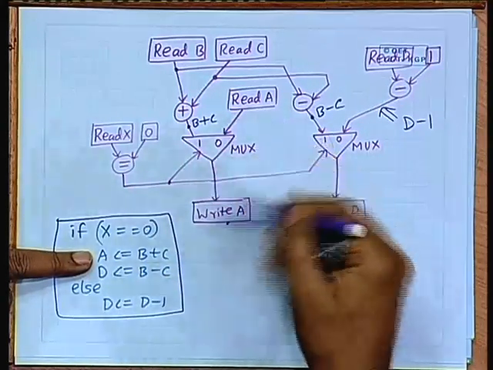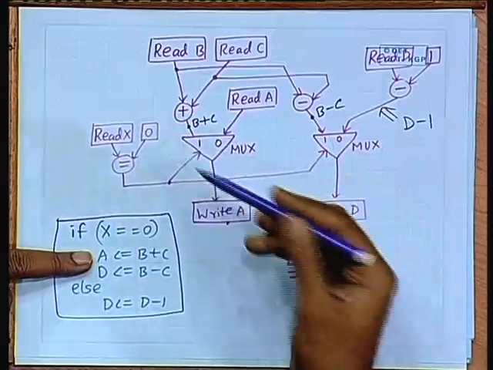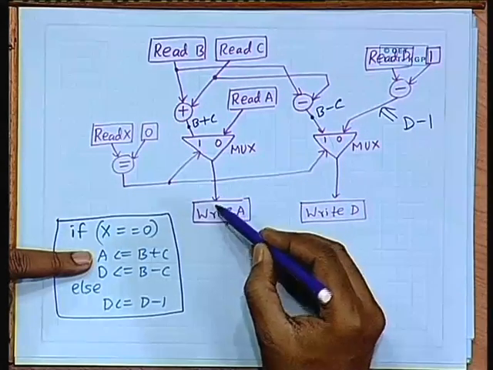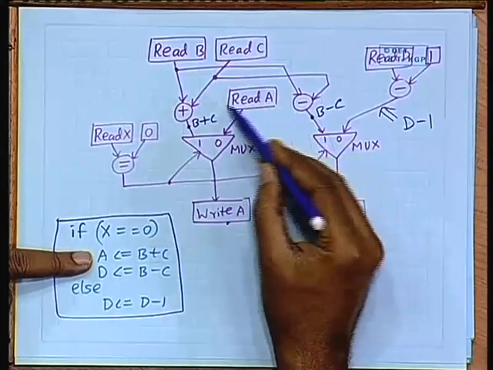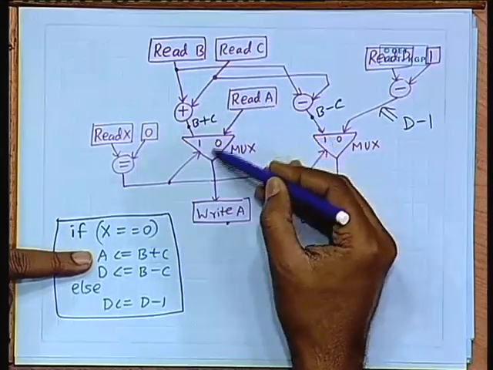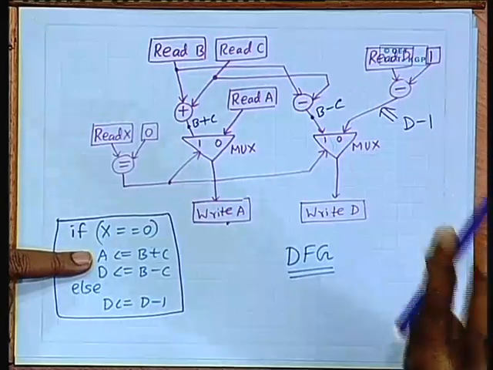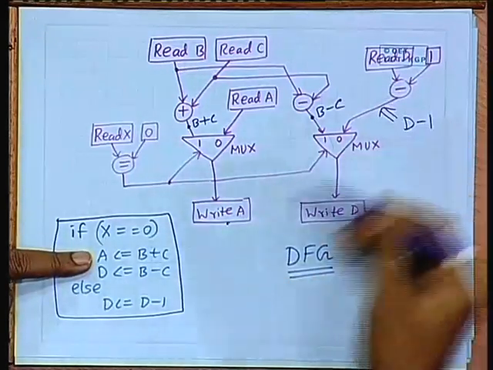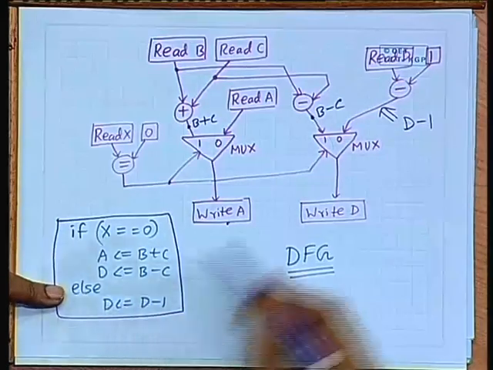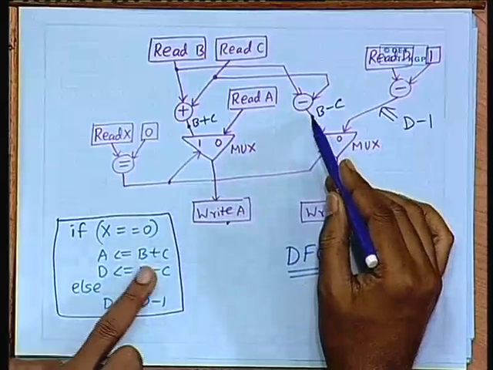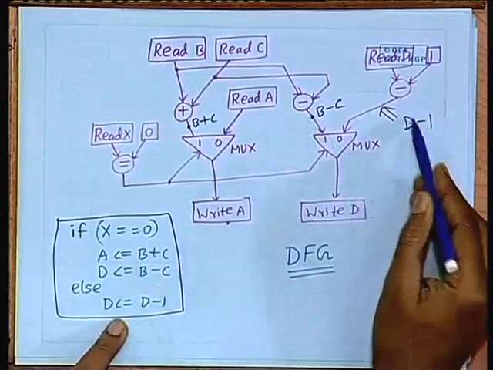So, as part of the data path, there are two ways: either you disable write a, or you just introduce a dummy read a and through this multiplexer write back the value of a. Both ways can be used. And similarly for the other part, for writing d, if the result of the comparison is true, then you write b minus c, otherwise you write d minus 1.